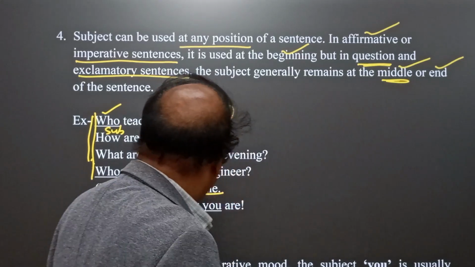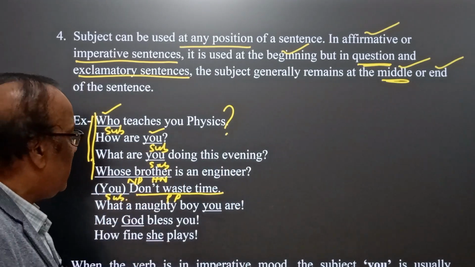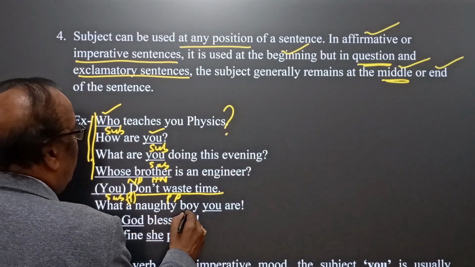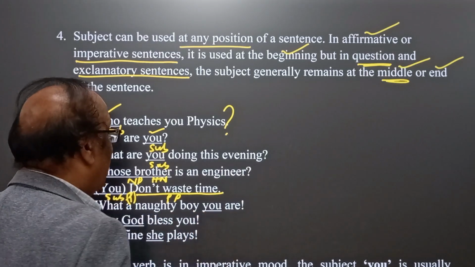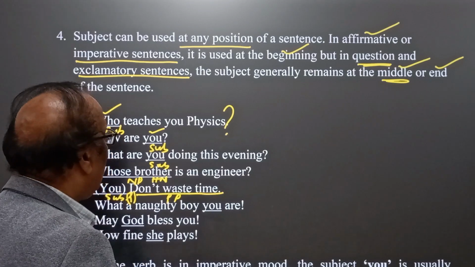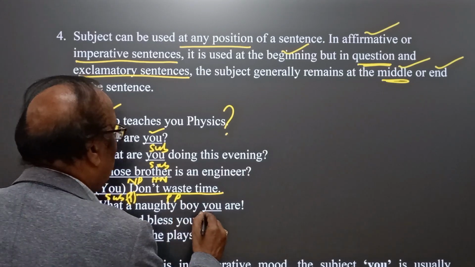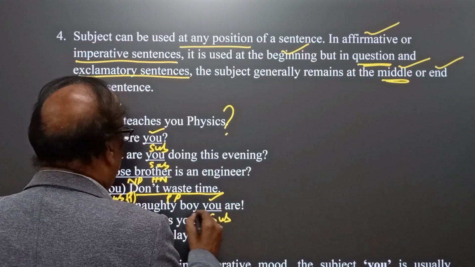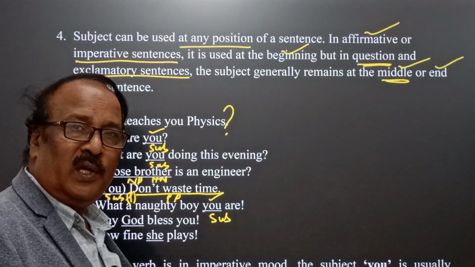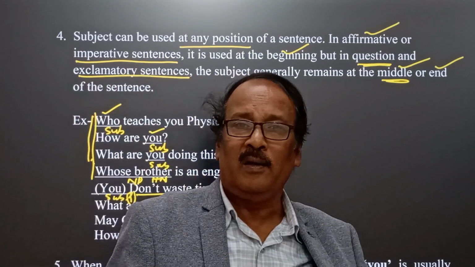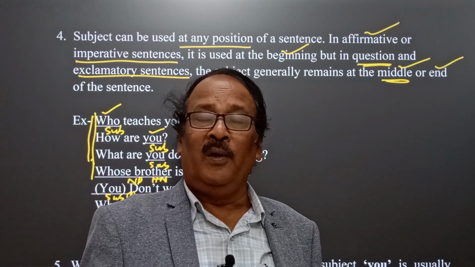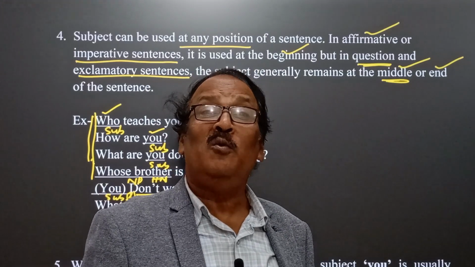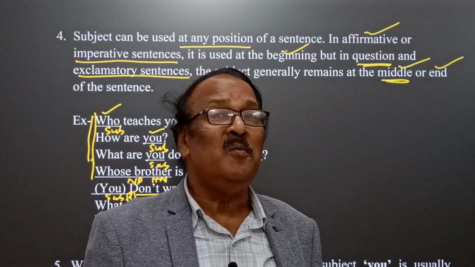Now come similar. It is no doubt a sentence expressing advice. What a naughty boy you are! Exclamatory sentence. Here you see the subject you, we find it in the middle of the sentence. If we convert it into a declarative sentence, we find that you are a very naughty boy.